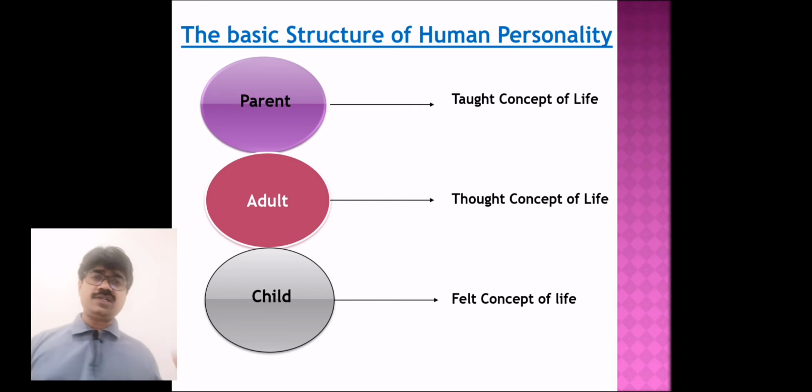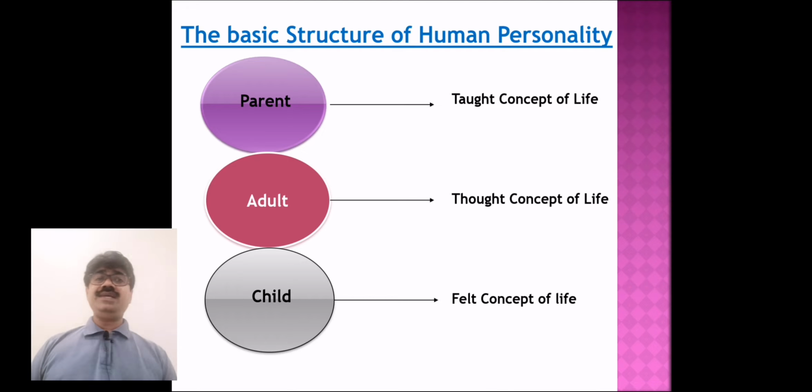It is taught to us either by parents or by teachers. Even teachers have a role in the parent ego that we have. Some teachers behave like a parent to you, and you learn a lot of things about how to behave like a parent from your teacher or from your parent. So, that is taught, you are taught to behave in a way that gives you your parent ego.